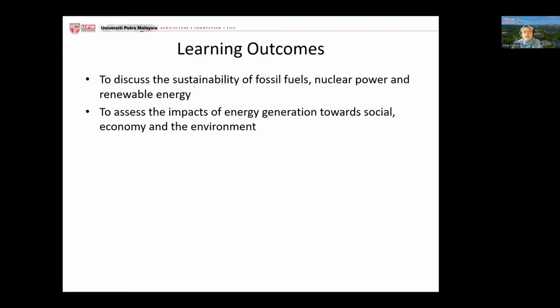And as you learn about that, you might notice that sustainability is a very complex thing. It's not simply about, okay, the fossil fuels are detrimental to the environment, then just switch. It doesn't happen like that. Why? Because it's a fairly complex situation.